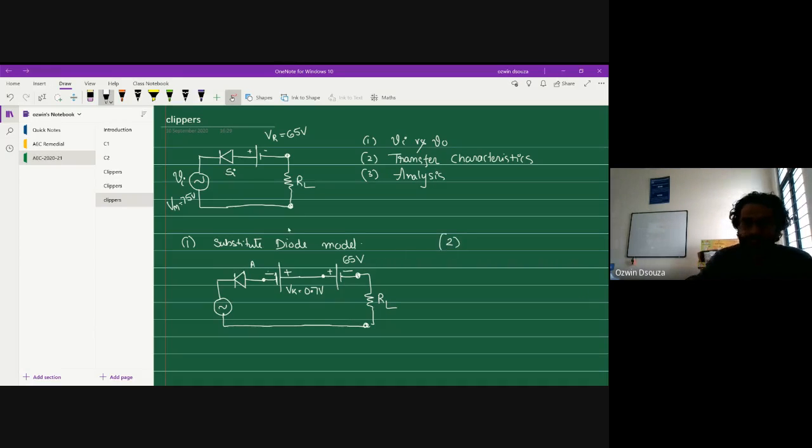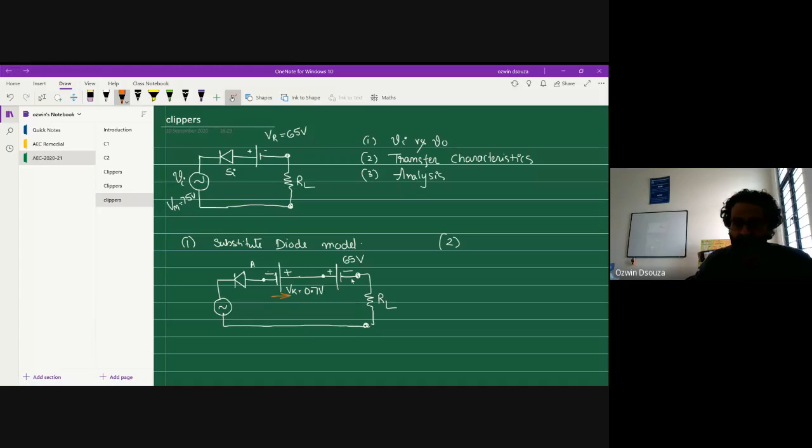And in the second step, as you can see clearly, you have two DC sources. So you can think of merging the two DC sources. If you observe Vk, the current circulation by Vk is from left to right, negative to positive.